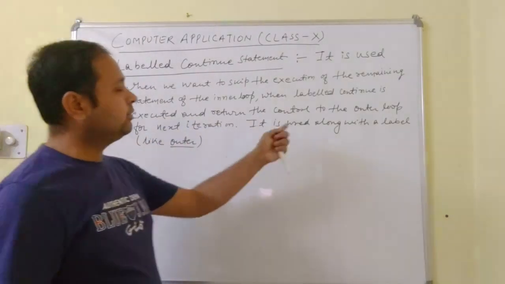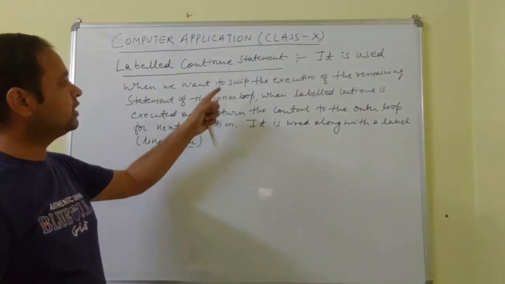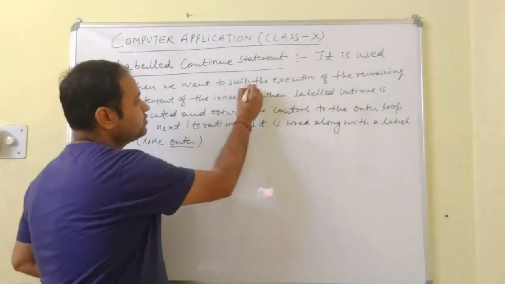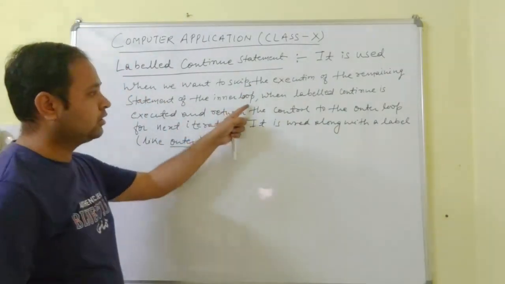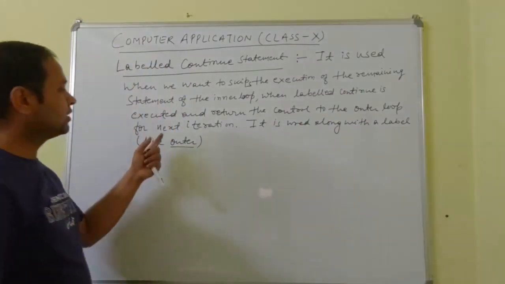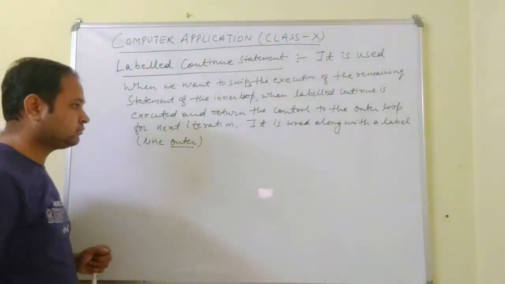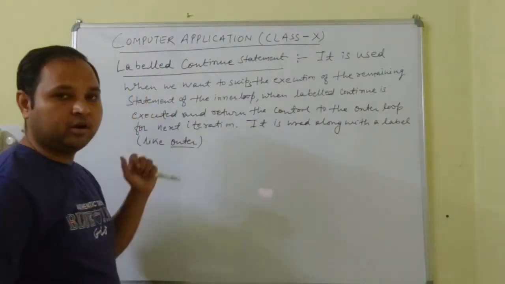So when a label continue statement is executed, it skips the execution of the remaining statements of the inner loop, and returns the control to the outer loop for the next iteration. It is used along with the label like outer.